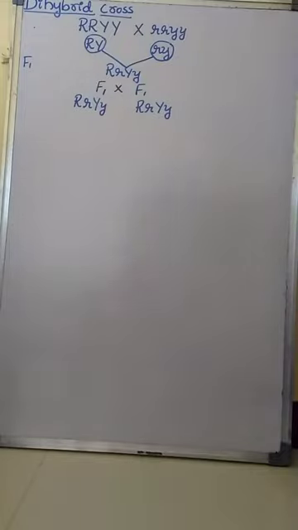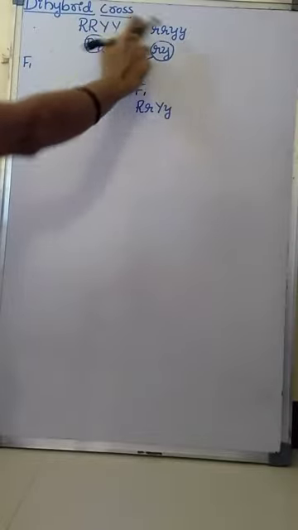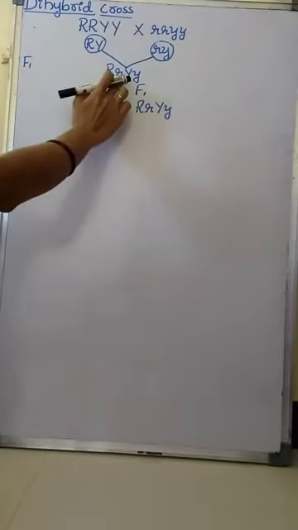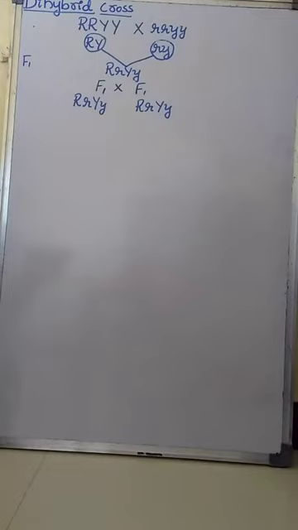Presence of either two dominant alleles together or two recessive alleles together is called homozygous condition. See, these two are homozygous conditions, but this one indicates the heterozygous condition. In the F1 generation, we will get heterozygous condition.